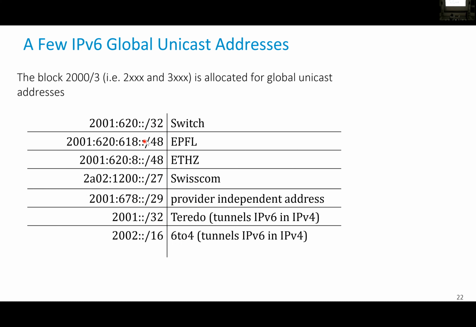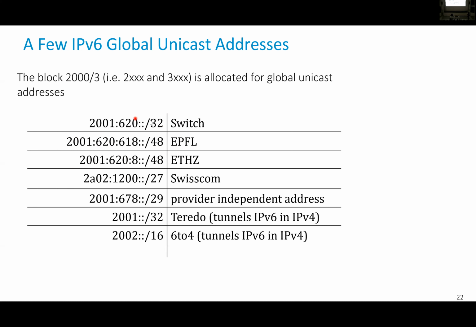The important thing to remember here is if you compare the blocks allocated to SWITCH, EPFL and ETH, we see that the blocks allocated to EPFL and ETH are subsets of the block allocated to SWITCH, right? And even more, we can aggregate. So if a router in California has an IPv6 packet with destination address EPFL, it doesn't need to have this entry in its routing table.